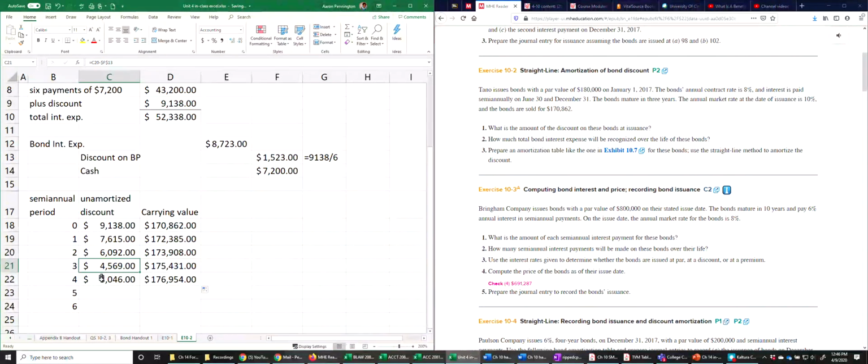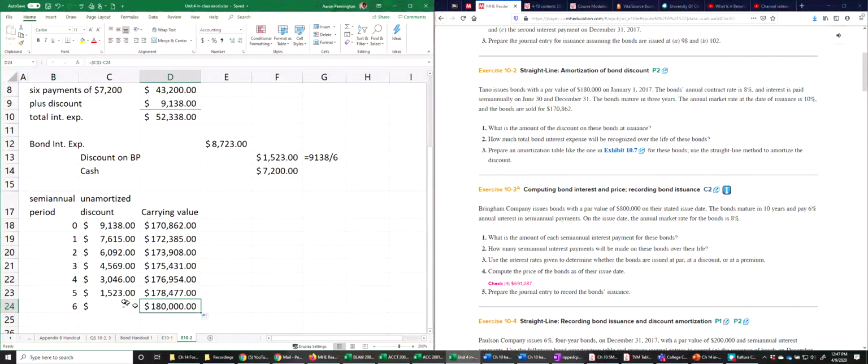So at the end of year 2, which is the fourth semi-annual interest period, the bonds have a carrying amount of $176,954. And at the end of year 3, which would be the maturity date, if we're doing this right, the unamortized discount as of December 31st, 2019 should be 0, which it is, and the carrying value is going to be equal to the face amount, right?